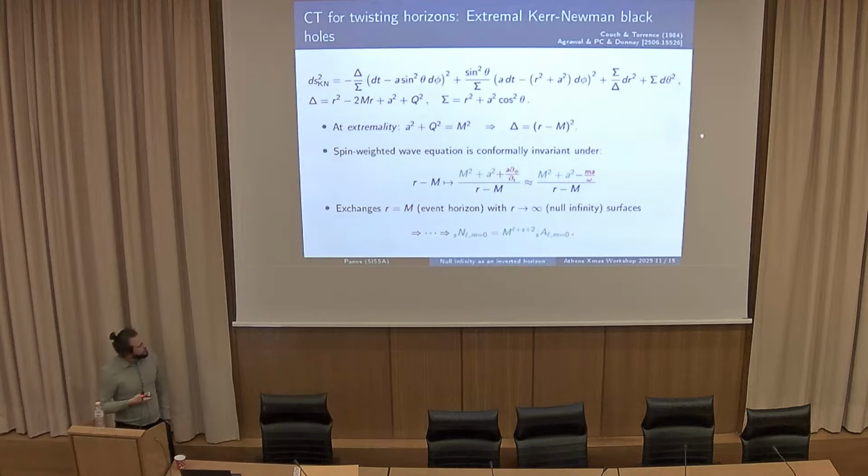But now the difference compared to the Reissner-Nordström paradigm is that these inversions are now phase-space dependent, right? So they have this weird, I would say non-local coordinate space form, which becomes linear only when we use this mode decomposition of the probe fields, where m here is an azimuthal number, and omega is the frequency of the probe field. So the Couch-Torrens inversion is still there. We don't see it if we just focus on the coordinate space, the metric. But it's still there and acts on probe fields in the background of this geometry.